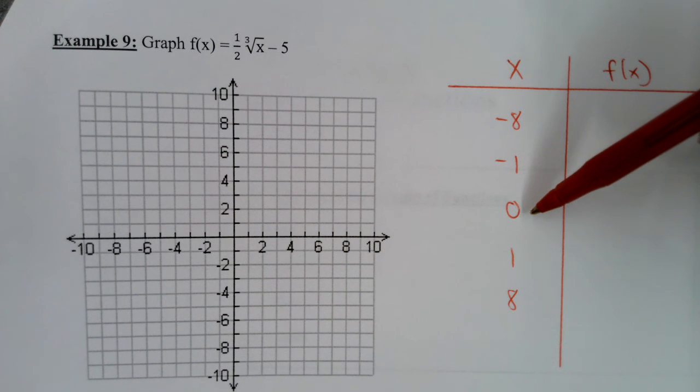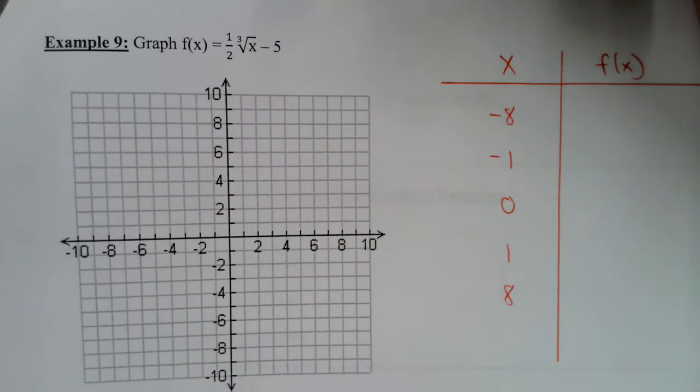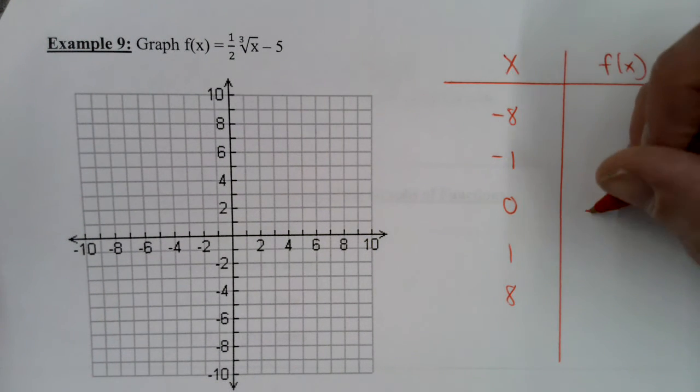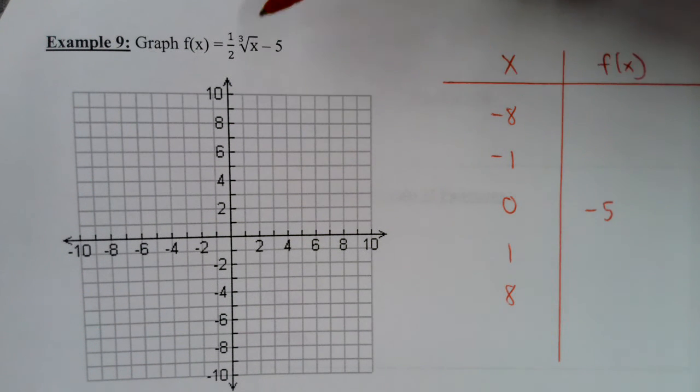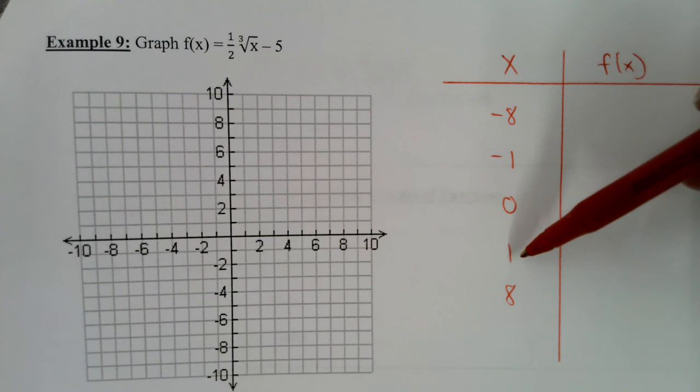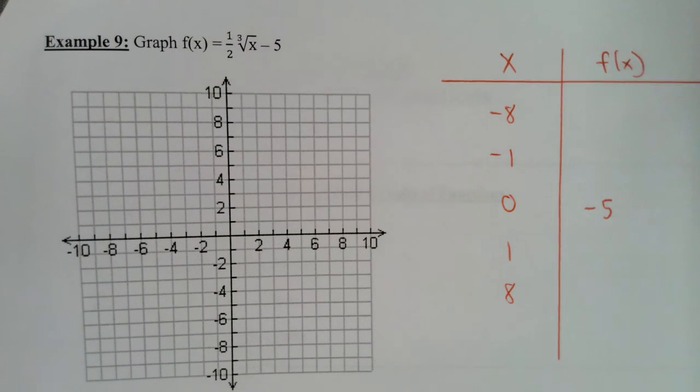Let's do the easy one first. The cube root of 0 is 0. Times a half is still 0. Minus 5 gives you -5. Let's do 1. The cube root of 1 is 1, because 1 times 1 times 1 is 1. 1 times a half is a half.